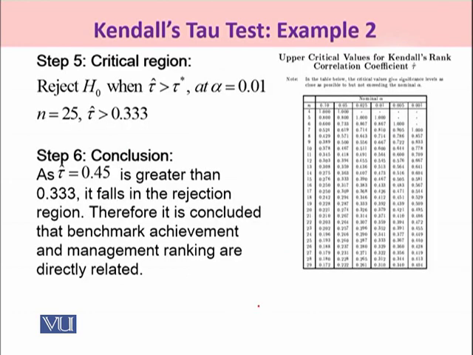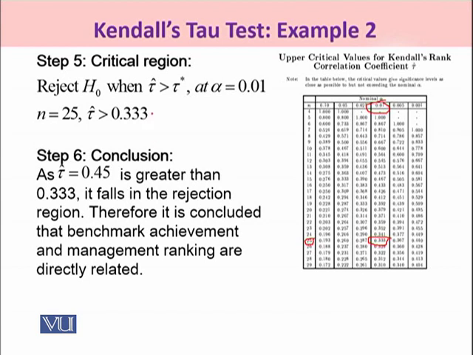Now we need to compare this value with the tabulated value of Kendall's rank correlation coefficient, Tau hat. So students, I have shared the table of Kendall's rank correlation coefficient before you. So under alpha 0.01 and for n equal to 25, the value which you are going to observe is 0.333.